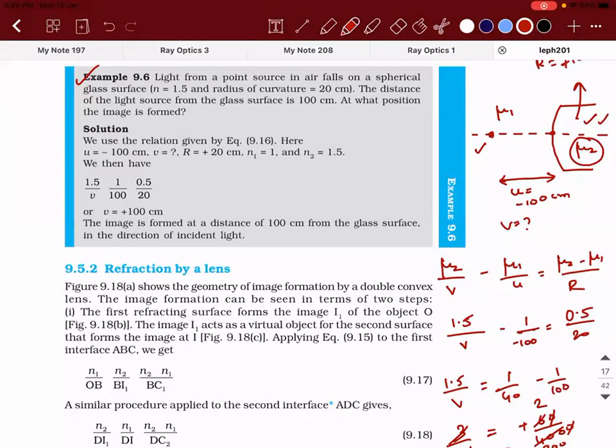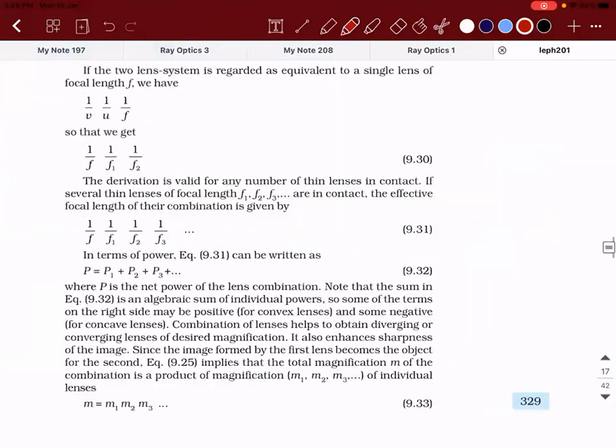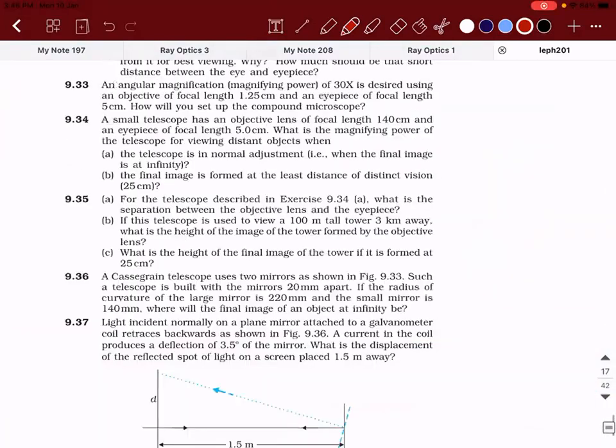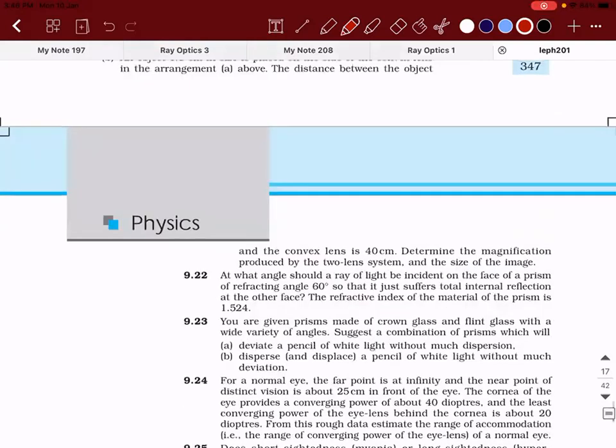But did you understand the problem? Yes, sir. Right. So let us concentrate on this one. If this concept is clear, the remaining concepts are very simple. So let's try to solve another problem based on this concept.